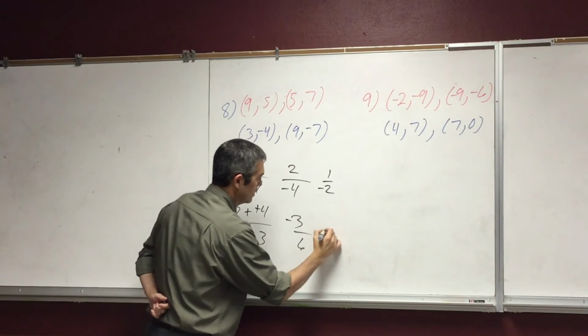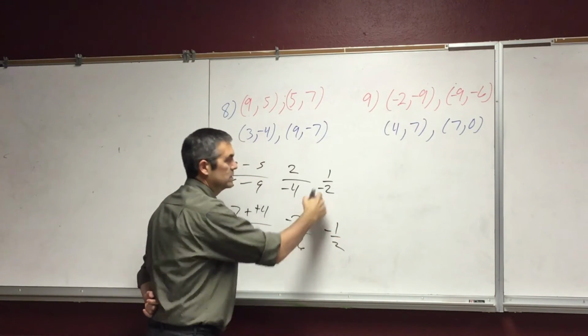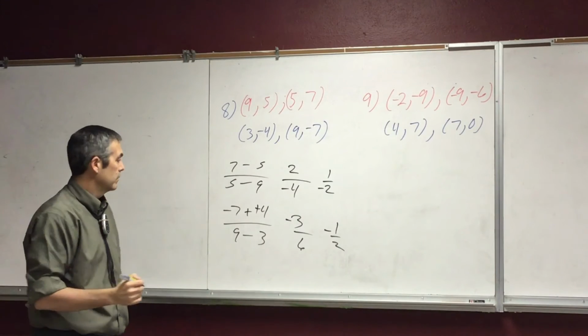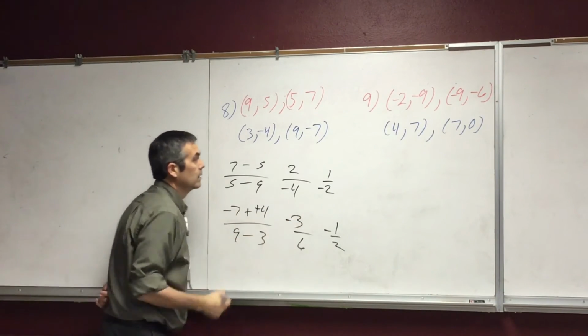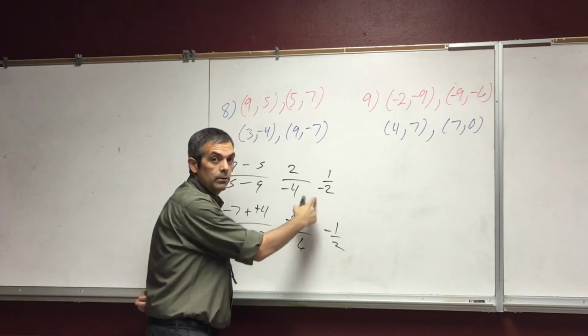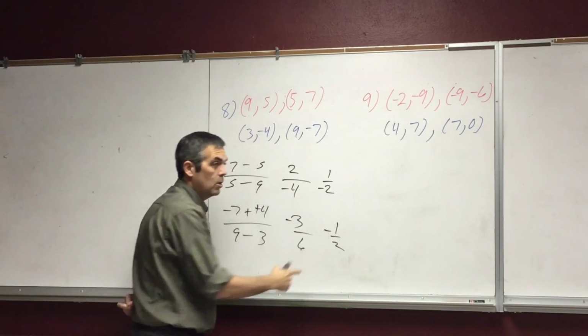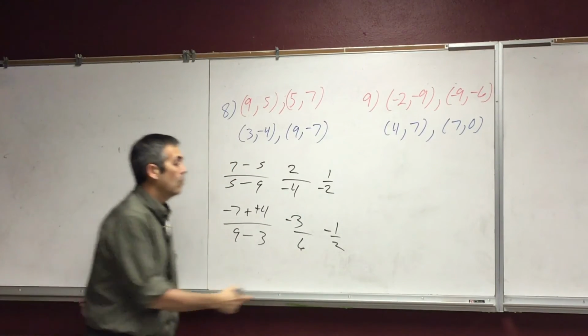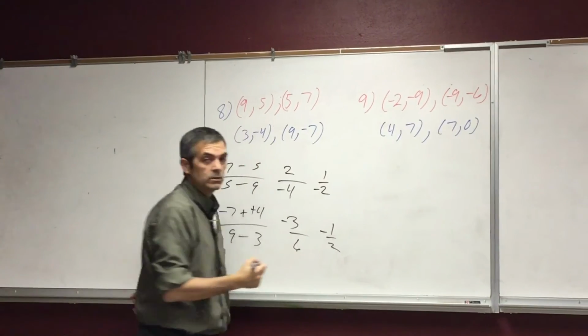That reduces negative 1 over 2, same sign, okay? There we go. Yeah, negative, yeah. Parallel, they're parallel. Same slope, parallel. Watch that, okay? Make sure that you see that.